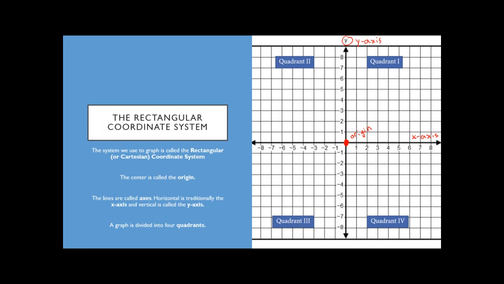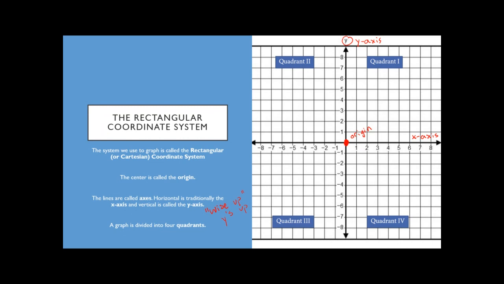It's typically alphabetical order, so X comes before Y, horizontal, and then vertical. One way to remember this is Y's up. Basically, to remember that Y is vertical, just tell yourself Y's up.